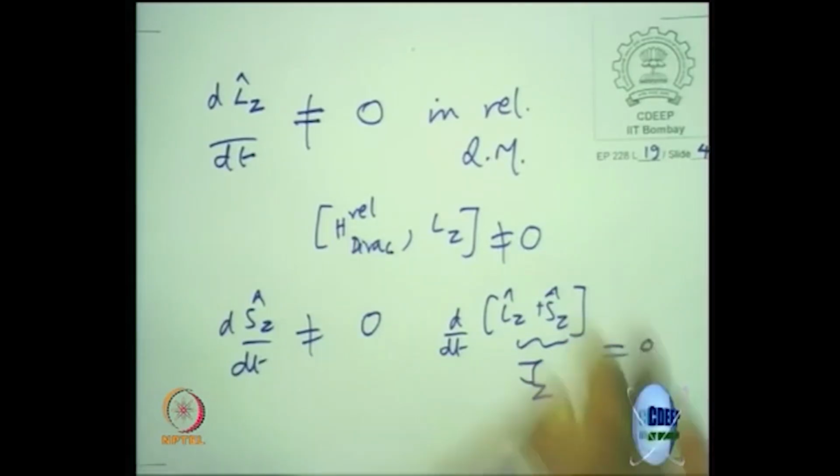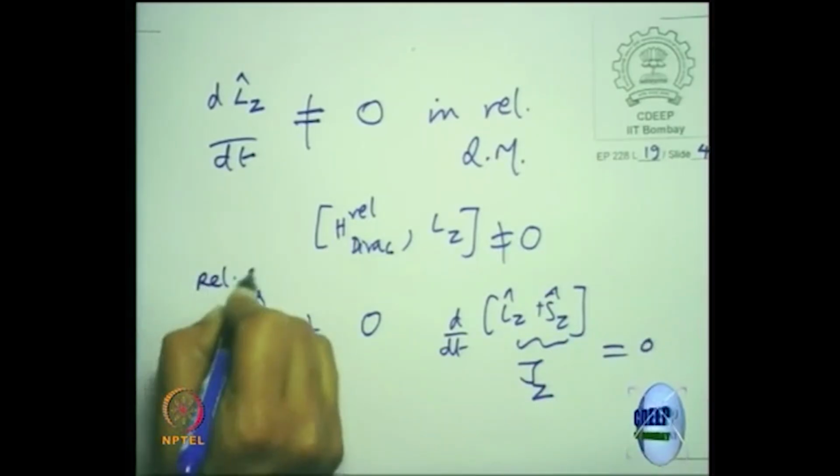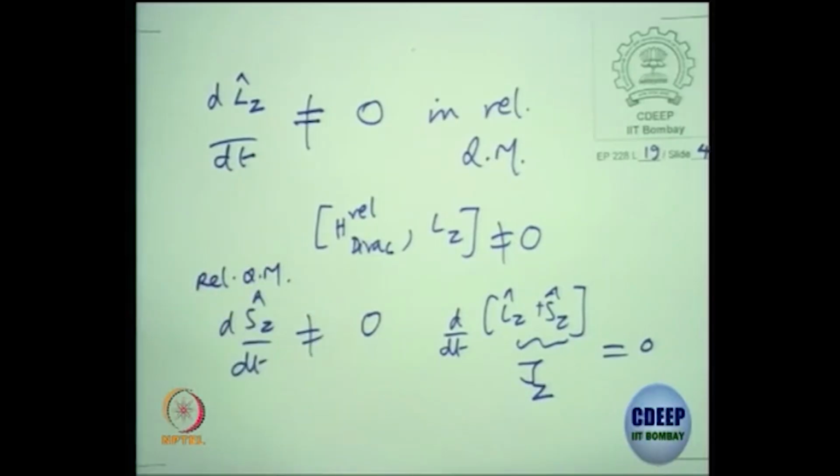So this requires relativistic quantum mechanics, and you can show the properties of Lz and Sz, how their commutators behave with other components in that space. But these two are two different spaces.